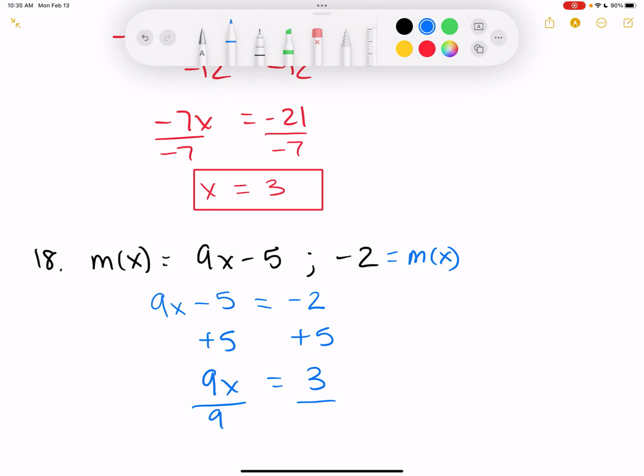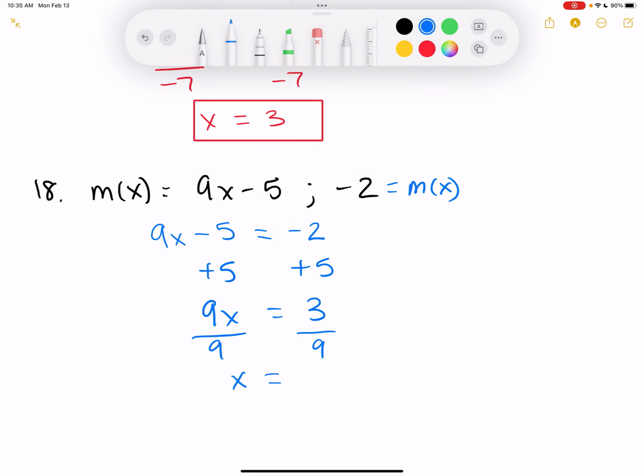Divide by 9. 3 divided by 9 would be what? 1/3. Yep, 1/3. And that's exactly what I want you to do, is just reduce it. And if you get something that can't reduce, you can just leave it. Like, you don't need to rewrite it as a decimal or anything unless you just really want to.